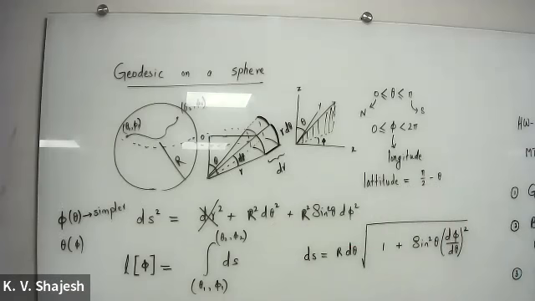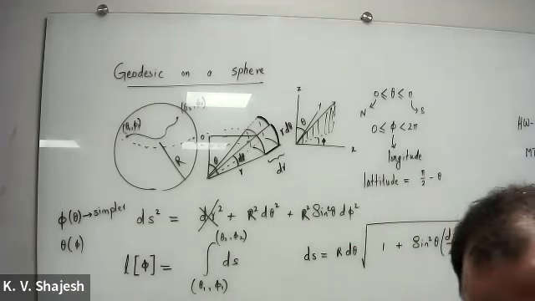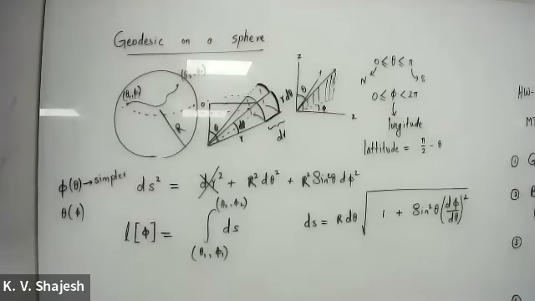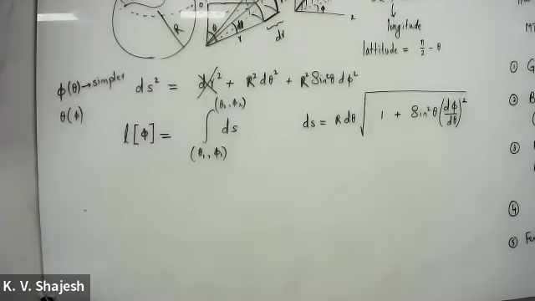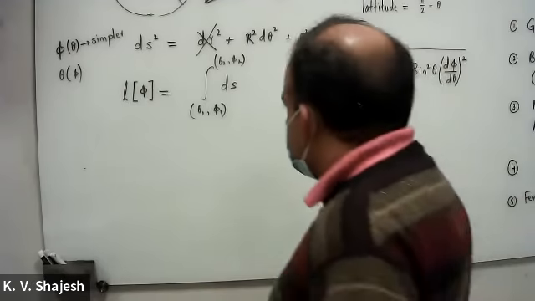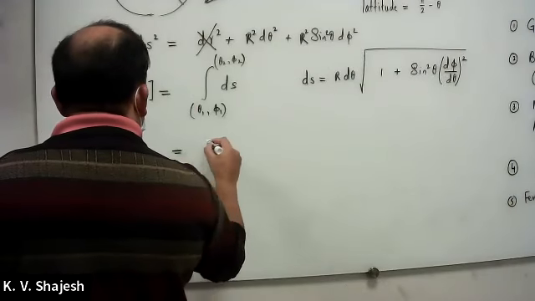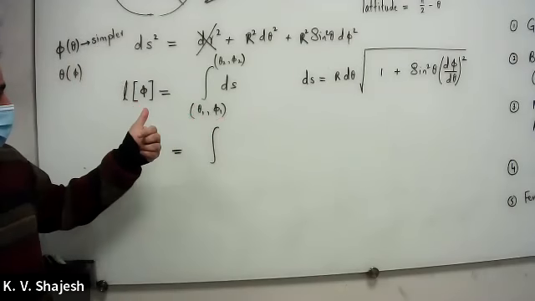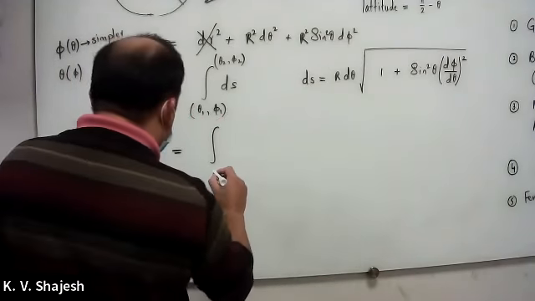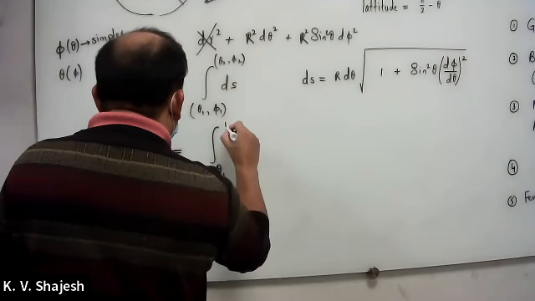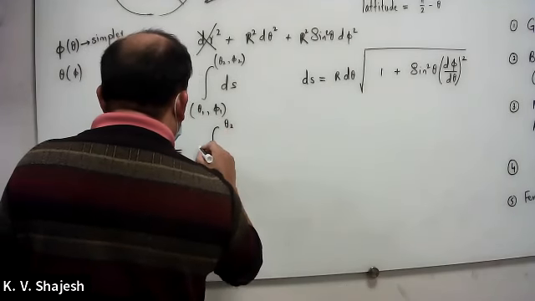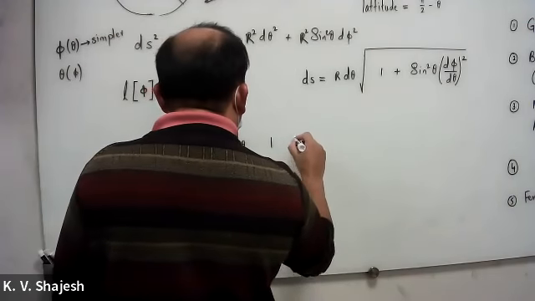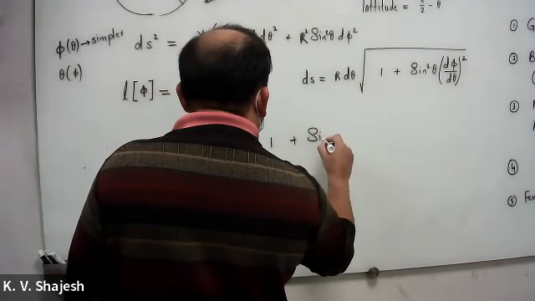So substitute that in, and from that point on, that's where you start doing the functional derivative. You have phi, and at this point I don't need to write 2 because I've decided that theta is my independent variable. So I'll go from theta 1 to theta 2. This is 1 plus sine square theta.